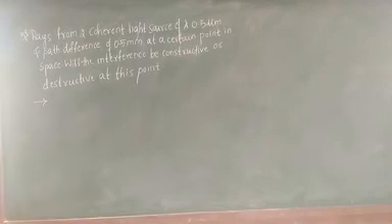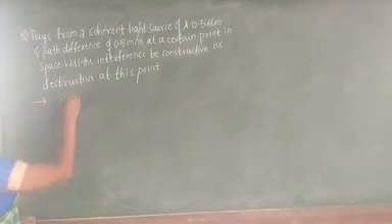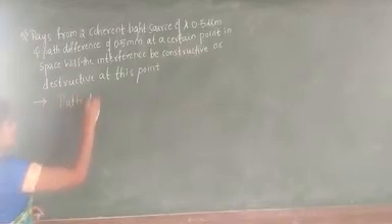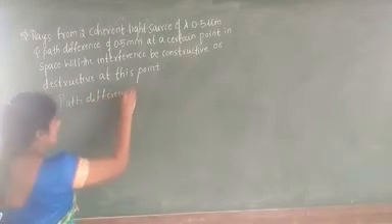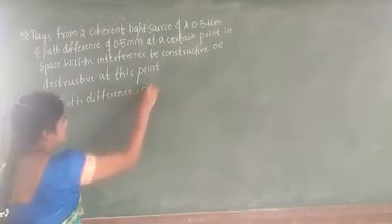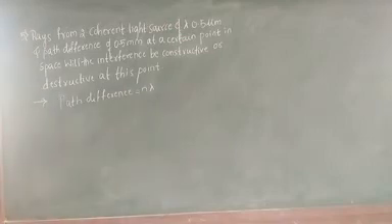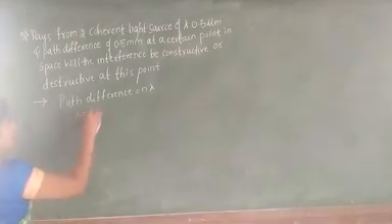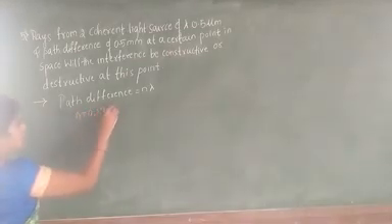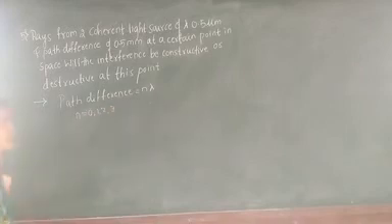Now in this case, first we write that path difference is equal to n lambda. Here n is equal to 0, 1, 2, 3, and so on up to the last term.